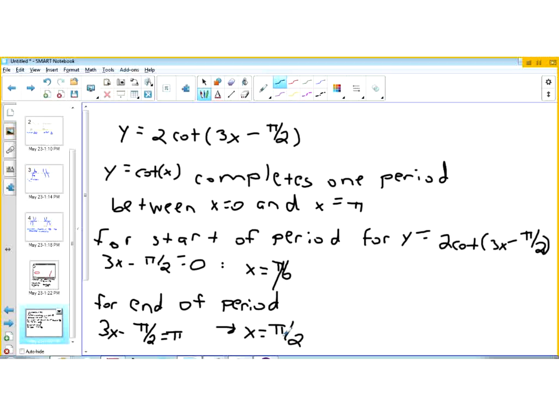So that would be your preliminary sketch for this function, occurring on the interval pi over 6 to pi halves. I'll leave it to you to use the graphing calculator to complete the graph of this function. Actually, I have it right here, so maybe I can just paste it. Let me give you a copy of it.